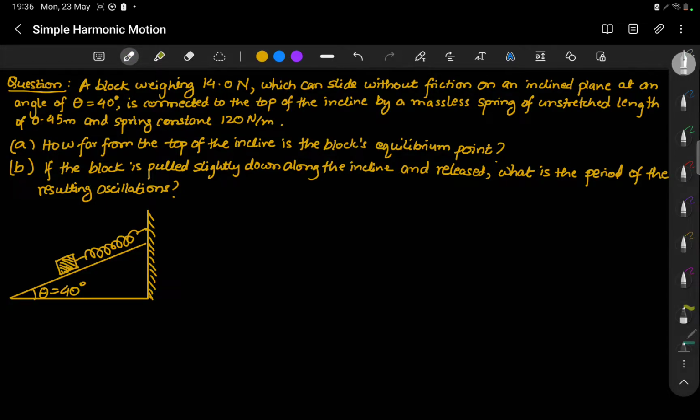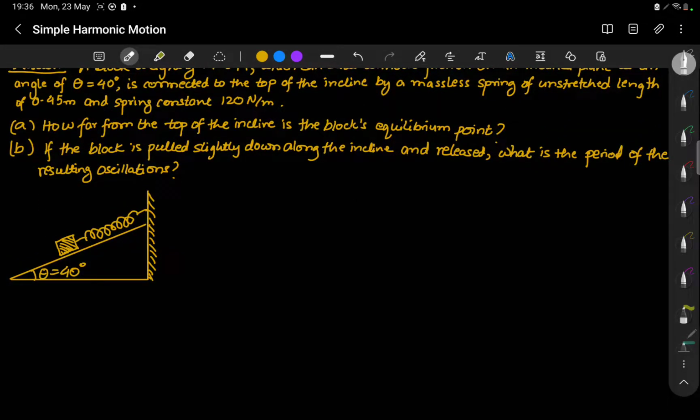So if I just draw the spring, this is the natural length of the spring when there is no block. Now when I attach the block to the spring, it will extend due to the weight of the block. So its equilibrium length will change. So if this is L, this is the natural length.